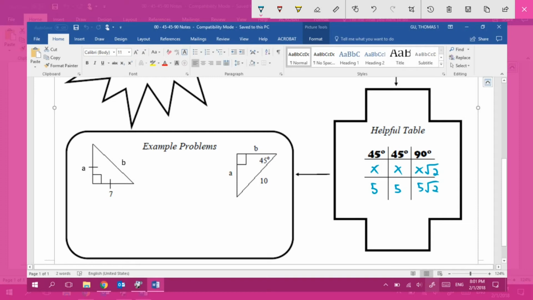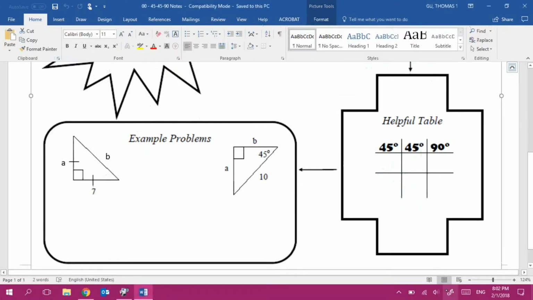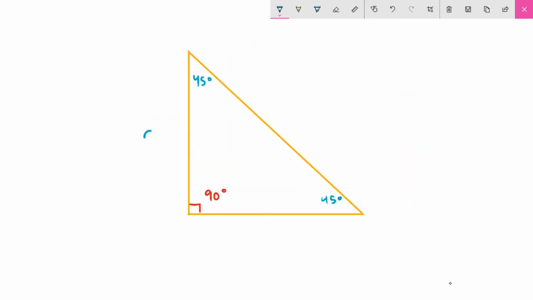Look at the triangle on the left. I'm going to recreate it because it's a little small and I want a bigger picture. This side is A, and we know that this side is 7. But remember, the two legs in a 45, 45, 90 triangle are congruent. That means we don't need to write A over here. Scratch that out, that's also going to be 7 because the two legs are congruent. Now we don't know what this side is, labeled B on the notes.